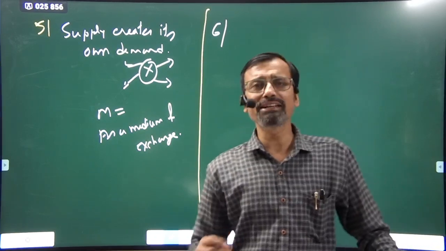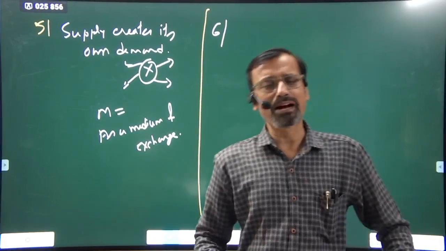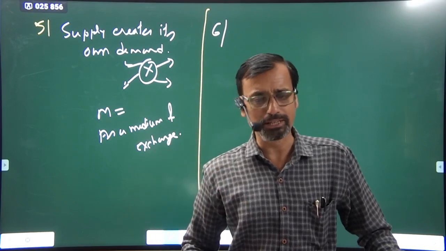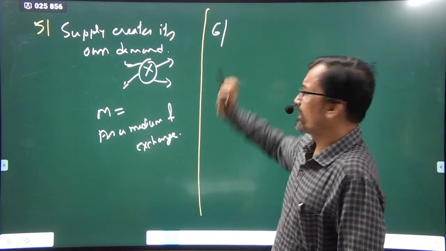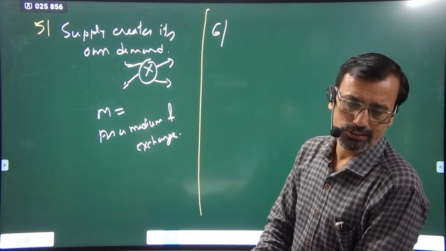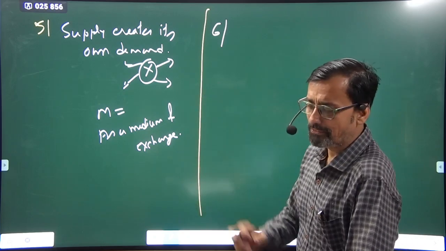So that is why there is a leakage. And this entire saving may be transformed to investment or may not be. But the main thing is, as per Keynesian, money is demanded not only from the transaction point of view, but also for speculative demand.